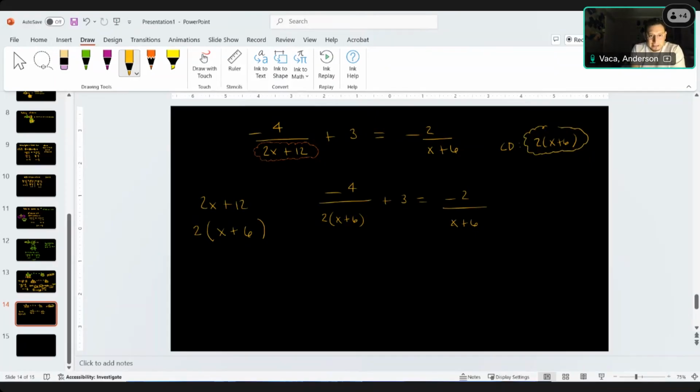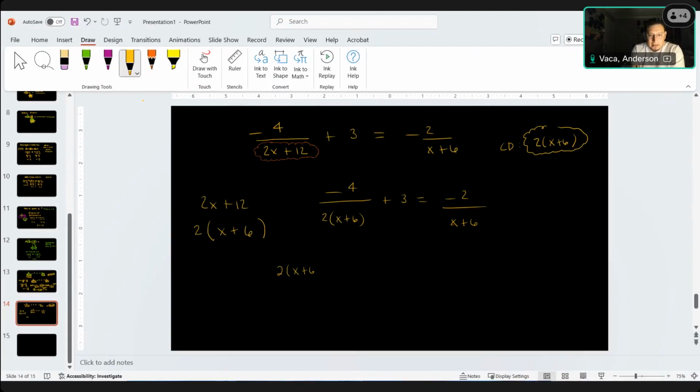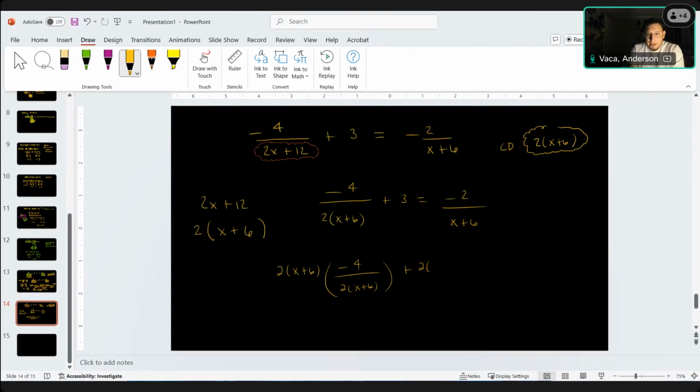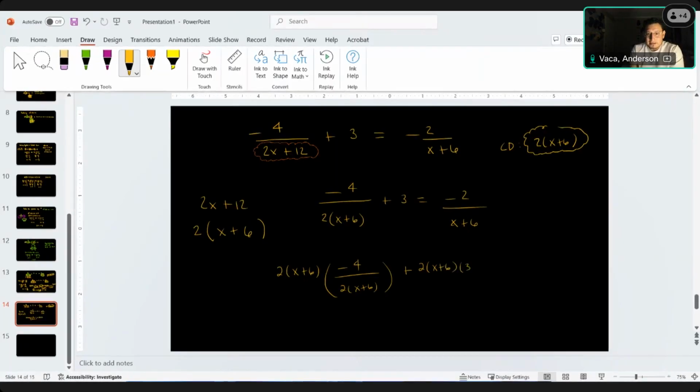So yes, it takes time to write it down, but I'm going to write it down anyways. Times negative 4 over this. Here I'm going to say plus 2x plus 6 times 3. Okay, just be careful there. And then here I'm writing times 2 times x plus 6.